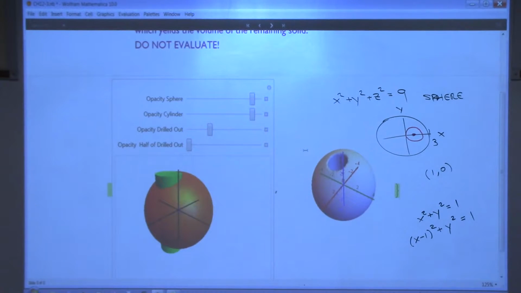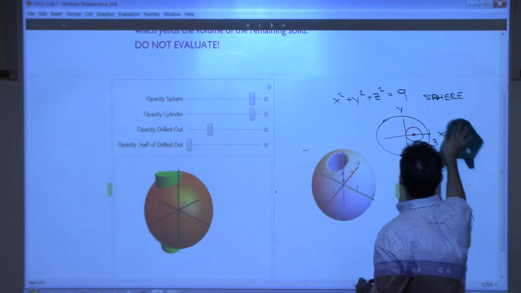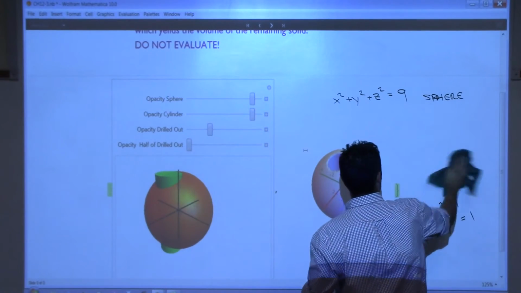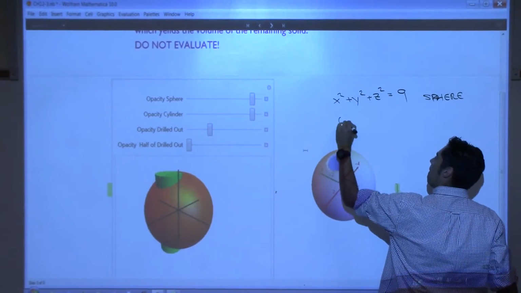X minus h squared plus y minus k squared. The h and the k move your center. So this is going to move it to 1, center to 1. Okay? Well, I've done what was requested. It was requested that we find the equations of each one.